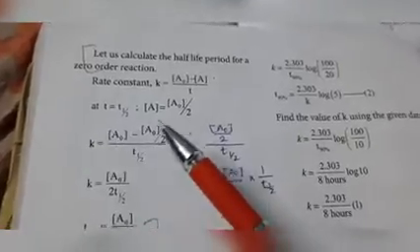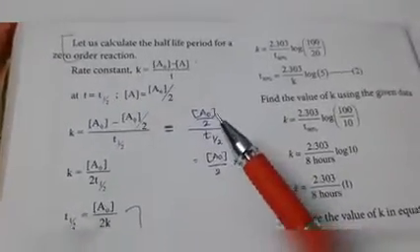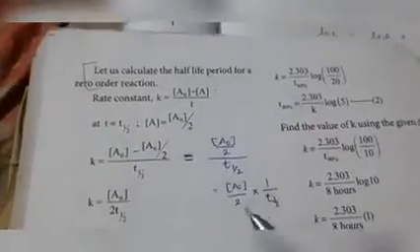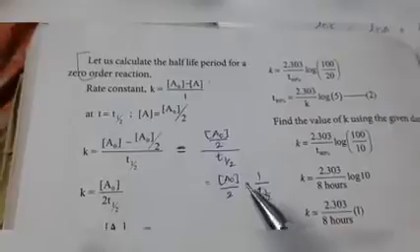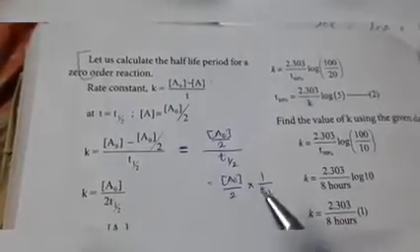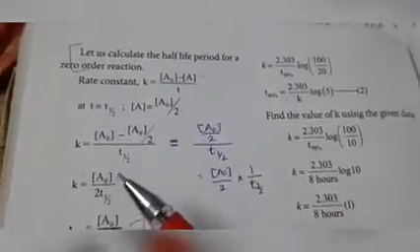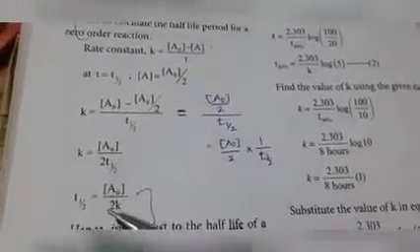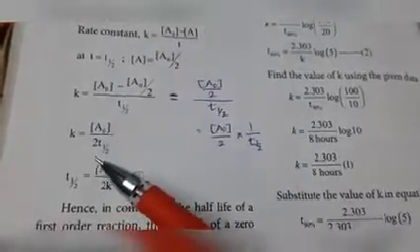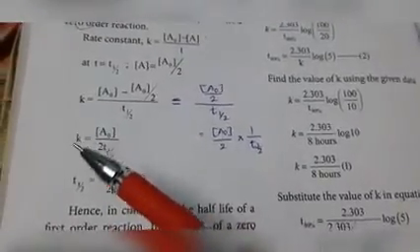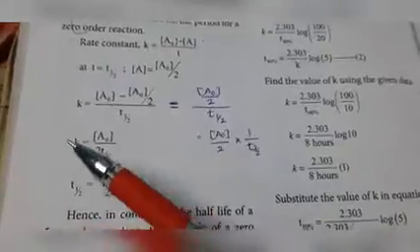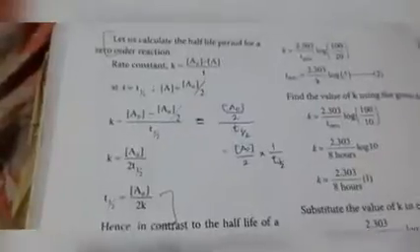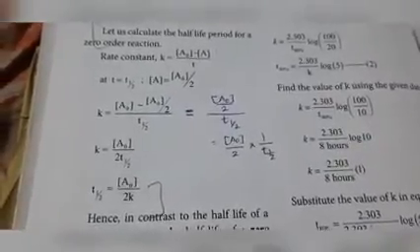That is similar to 1 minus half equals half. So concentration of A0 by 2 divided by t half can be written as concentration of A0 divided by 2 into t half. If this equation is rearranged, t half goes to that side and K comes here, so you will get t half is equal to A0 divided by 2K. So this is the half-life period for a zero order reaction.